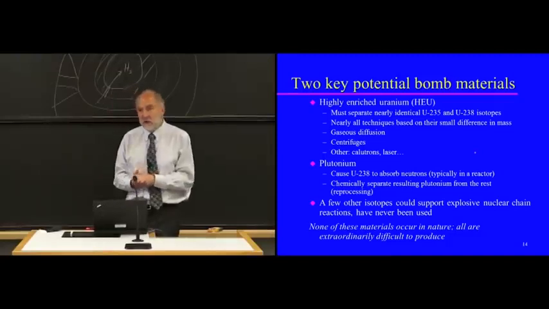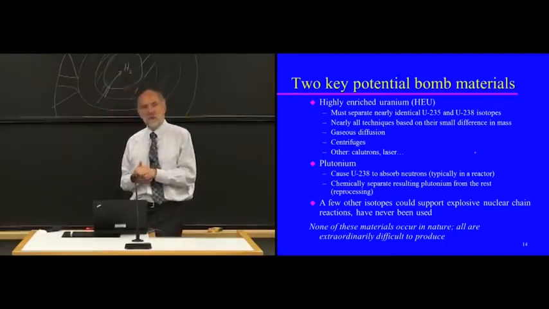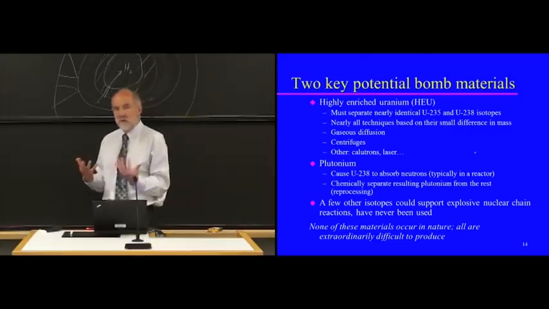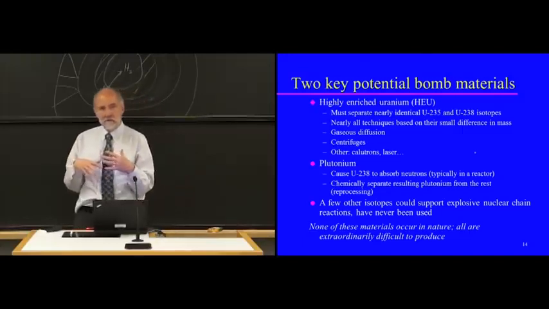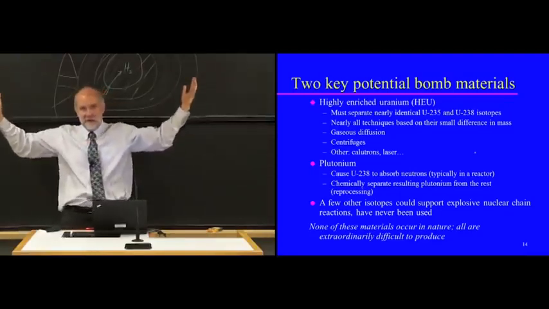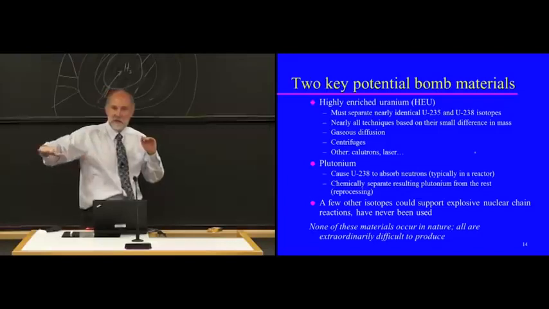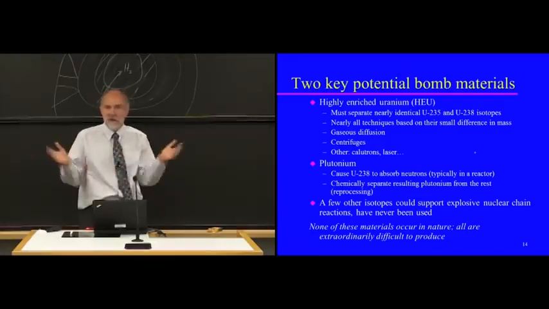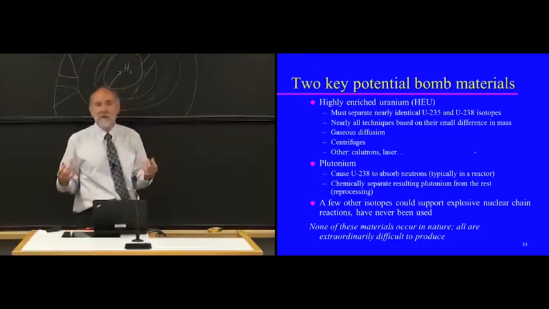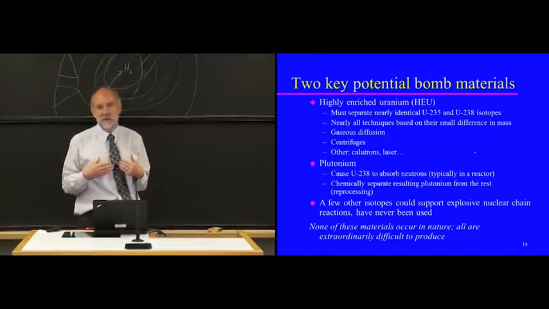Okay. Plutonium is what they figured out to do with the uranium-238. If you put uranium into a reactor, and instead of an explosively growing chain reaction, like in a bomb, you have a steady state chain reaction, you still have neutrons all over the place, okay? And some of those neutrons, when they hit uranium-238 atoms, they get absorbed.